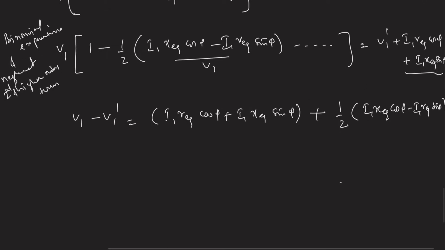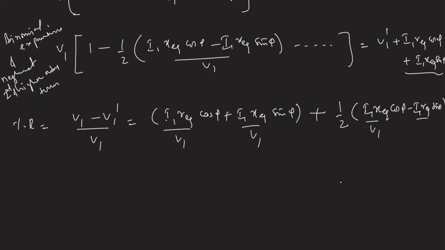Okay, so now for percentage regulation, to calculate it I divide by V1 throughout. So now I simply write down ER cos phi plus EX sin phi, which is our previous equation, the same equation for percentage regulation.